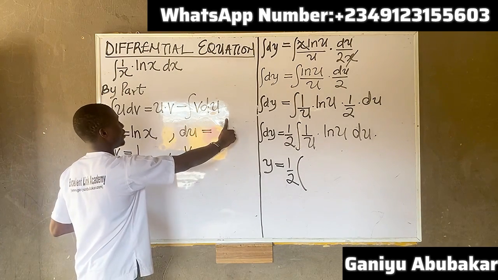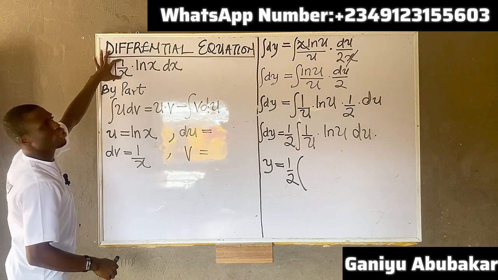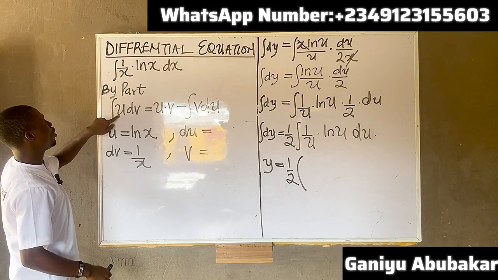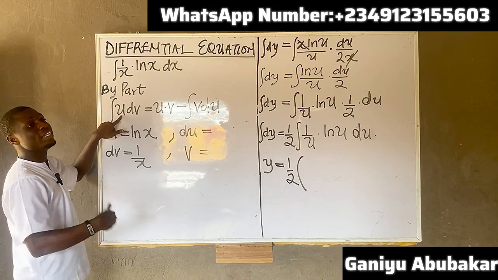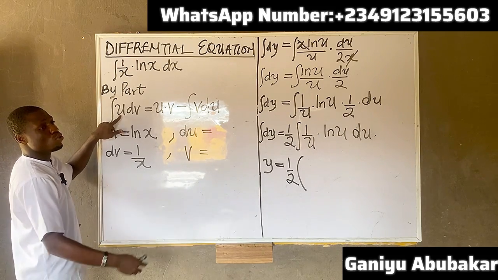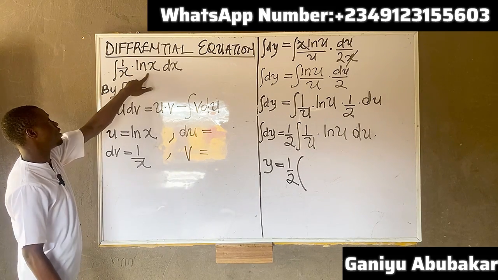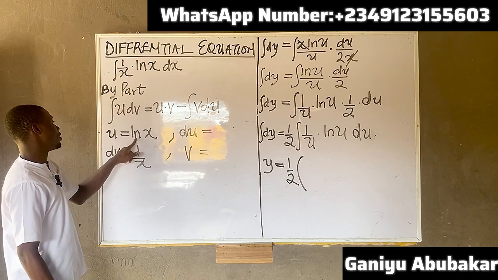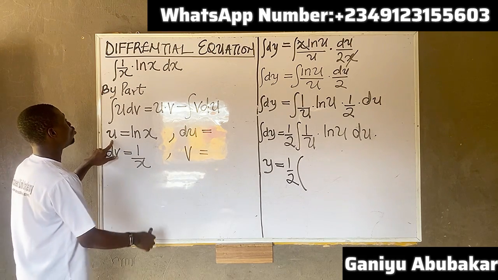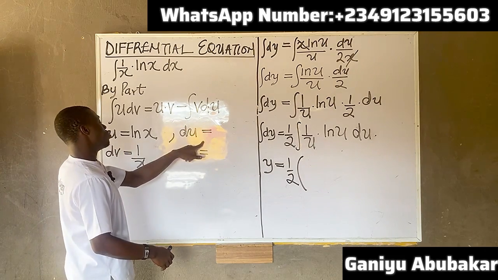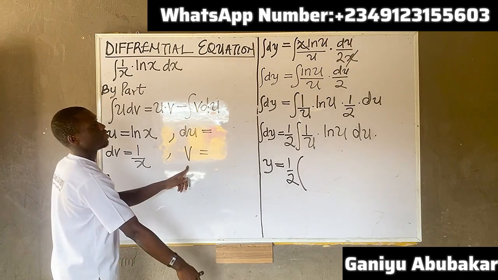I'm using this formula to solve it, so compare your question with this one. u goes with the log function, because log, ln and exponential functions go with u. So u is ln x, and dv goes with 1 over x automatically. I'll use u to get du and dv to get v, right?